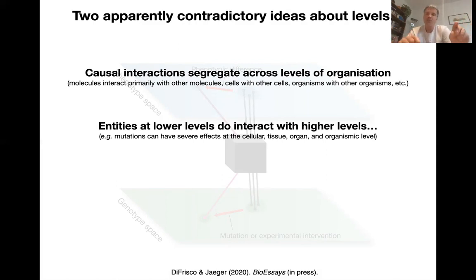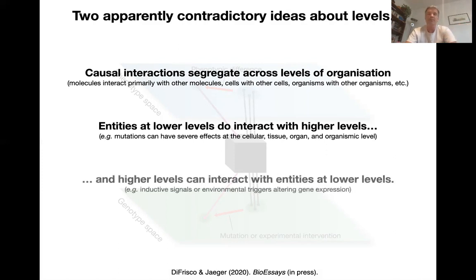They also occur, for example, entities at lower levels interact with higher levels. Mutations can have severe effects at the cellular, tissue, organ, and organismic level. Death occurs, for example, a very system-wide effect of a molecular mutation event.